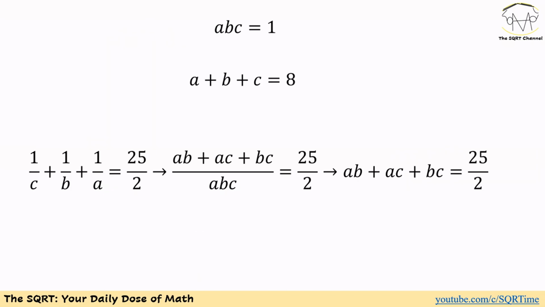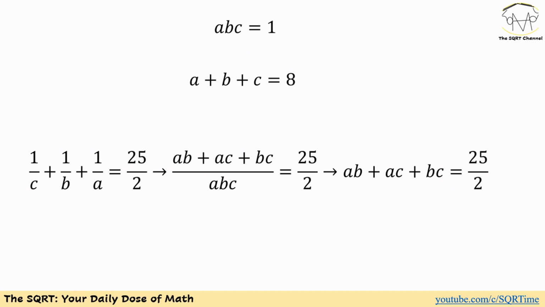Now let's move forward and simplify the last equation that we had a little bit further. First of all, we have 1 over a plus 1 over b plus 1 over c is equal to 25 over 2. If we want to simplify it, we can say that we have abc for the denominator on the left hand side, and then we have ab for the first term, ac for the second term, and bc for the last term.